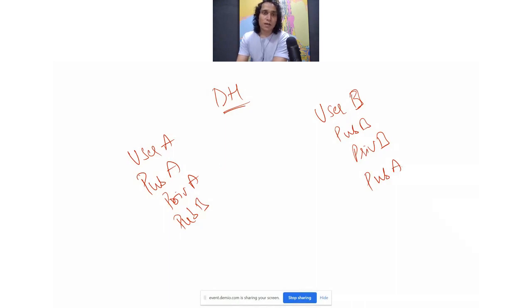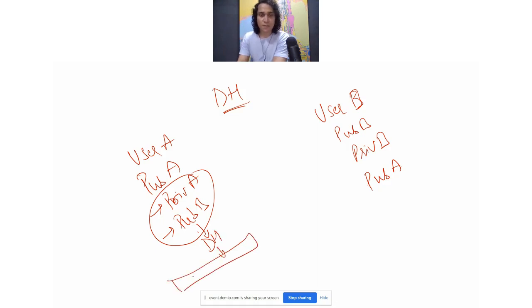And now they use the Diffie-Hellman algorithm, which takes the private key of A and the other person's public key, and sends it through the Diffie-Hellman algorithm, and it arrives at some key, which is, let's say, for example, ABCD1234. So it runs the private key and the public key of the other side through the DH algorithm, and it arrives at some random number.